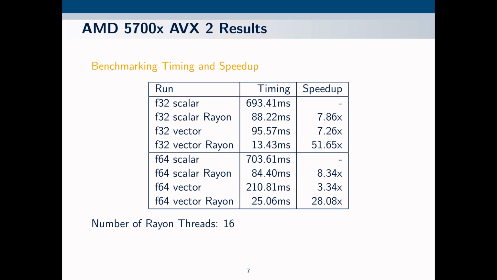With our first runs, I'm running F32 and F64 versions. If you notice with the F32 versions, scalar with Rayon gives us around 7.8 times speed up. And then the single-threaded vector instructions give roughly the same performance increase, but combining them together gives us a very nice increase, resulting in a 51 times speed up for this GEMM operation on a 16-thread processor.